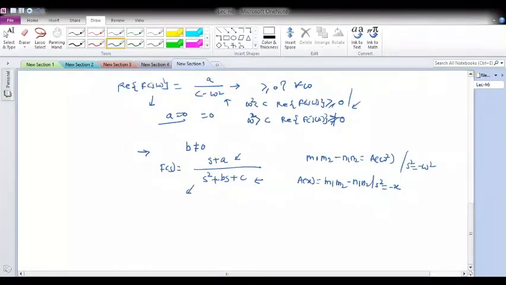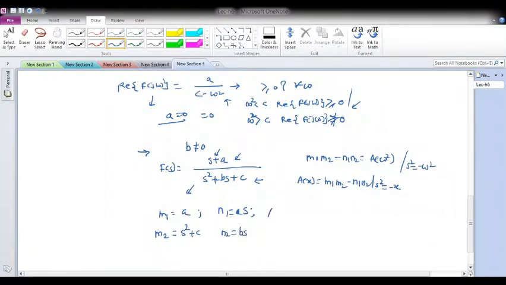From that, calculate m1, the even polynomial of the numerator, which is a, and the odd polynomial n1 is s. From the denominator, m2 will be s square plus c, and n2, the odd part, will be bs.